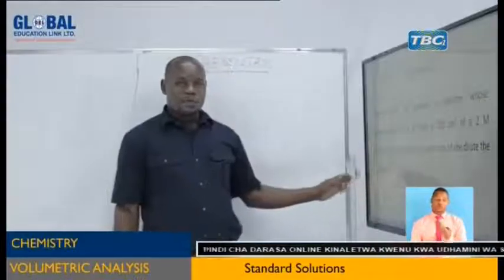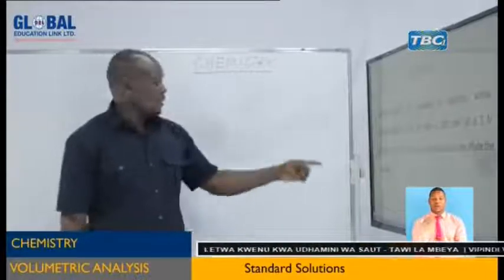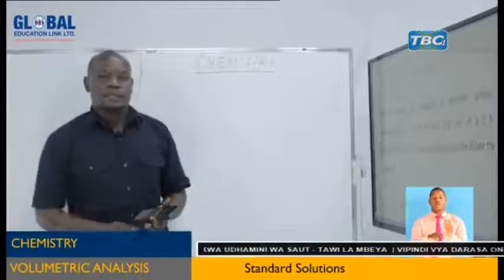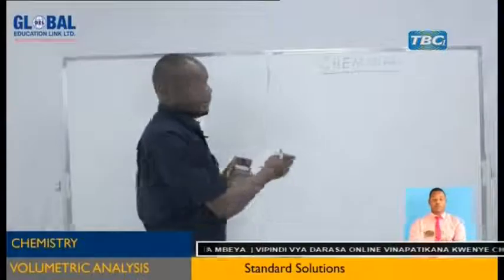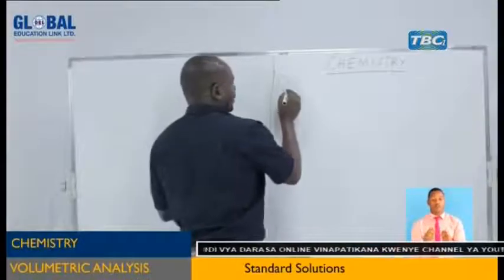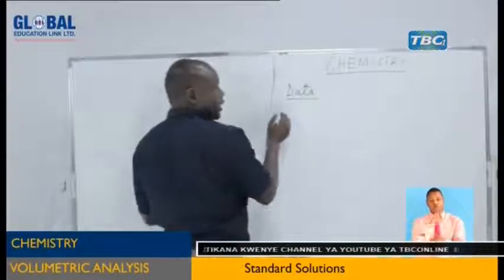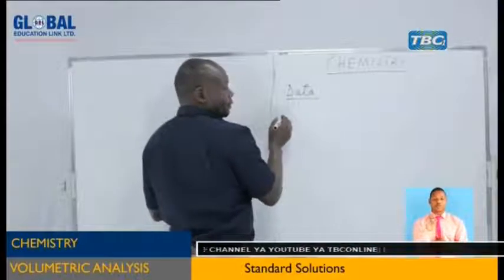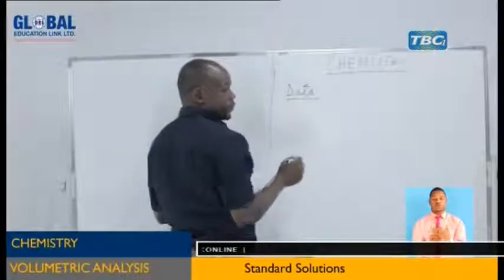So that is what Halima did. Then we are asked, to what volume should that solution be diluted? Now, this is so simple. If we go back to our data given from the question, then you are supposed to calculate the volume.